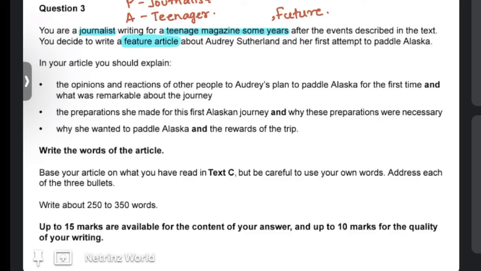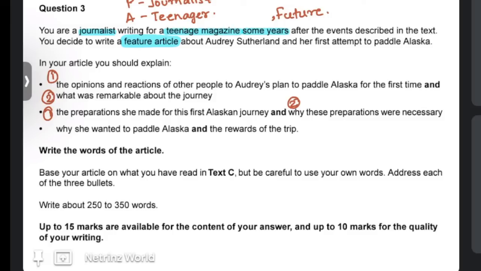So if you notice, there are 2 things in this question. One, you have to talk about the opinion, and 2, you have to talk about what was remarkable about the journey. Second point, the preparation she made for the first Alaskan journey and why these preparations were necessary. So again, point number 1, point number 2 in the second bullet point.